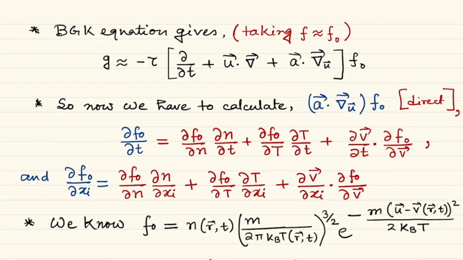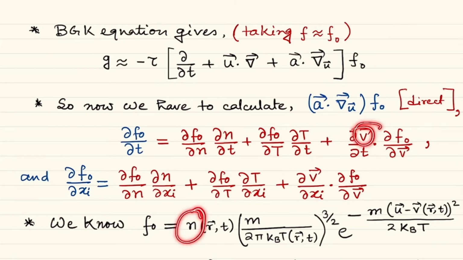Then we have to calculate also del f0 del t and del f0 del x i for this term, and this one corresponds to this one. Now for that we have to realize that in f0, which is a local Maxwellian, the explicit space and time dependence comes through three variables: n, T and v.